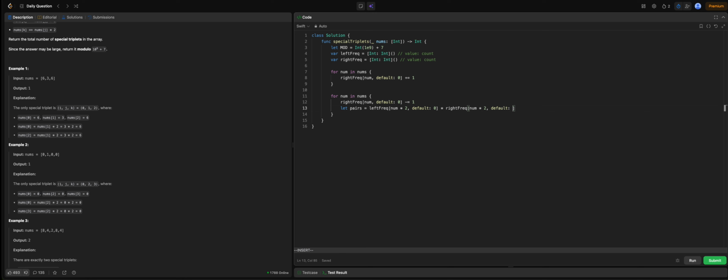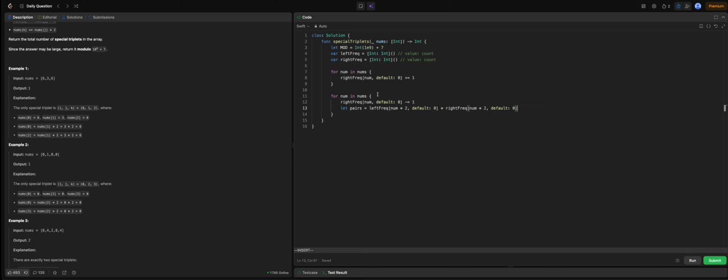The default also is 0. So what I'm doing exactly in here is I'm just finding the possible pairs that I could get in the given array.